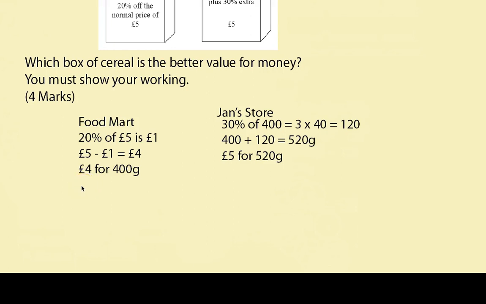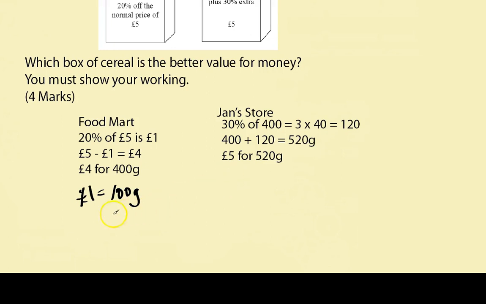I would be looking at this price here, and I would go, okay, so £4 for 400 grams means how much would I get for £1? Well, £1 is 100 grams, it must be, because £4 is 400. I've divided that by 4, I need to divide that by 4 as well.